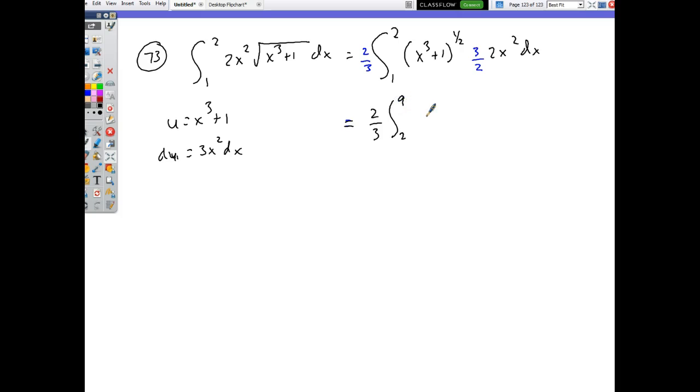That turns into 4 nines. It's 100 minus 8. That's what it is. U does stand for ugly. 4 divided by 3.